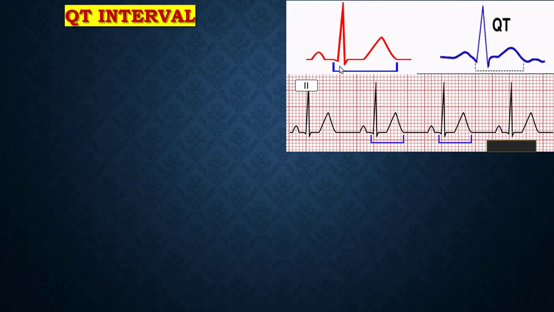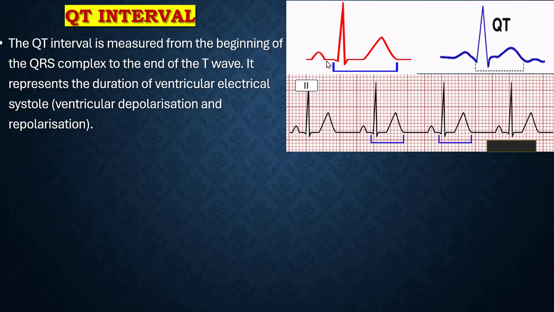QT interval. The QT interval is measured from the beginning of the QRS complex to the end of the T wave. Here this segment is measured from the beginning of the QRS complex to the end of the T wave.